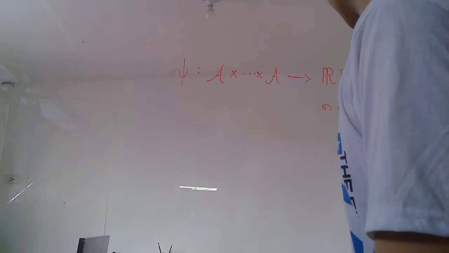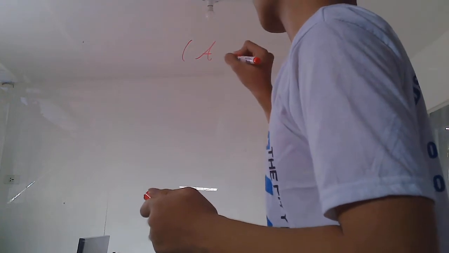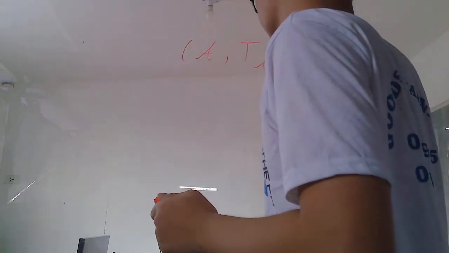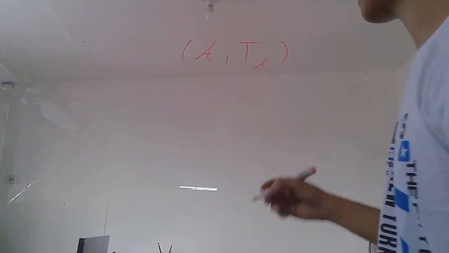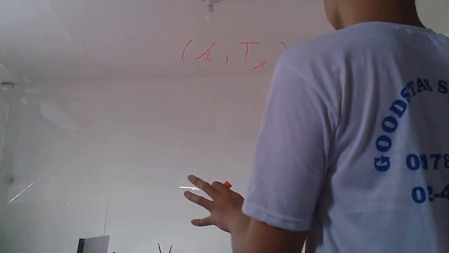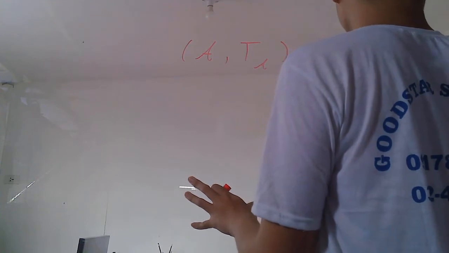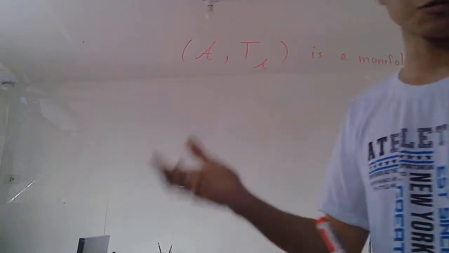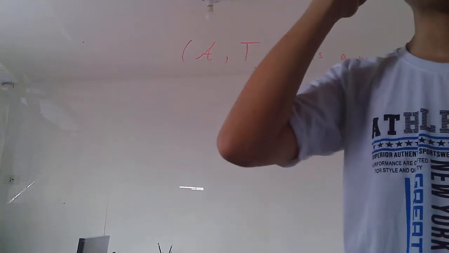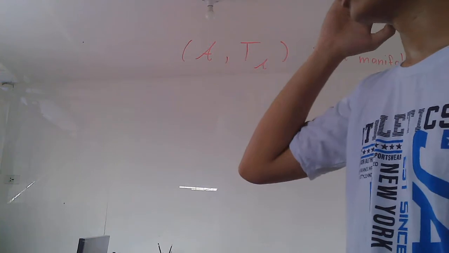And so since we conclude these facts, our theorem 2 now states that if we were to construct a topological space out of an abelian block with its topology, then we can say that this is a manifold. This is a manifold because, by definition, manifolds are topological spaces that locally resemble Euclidean space.